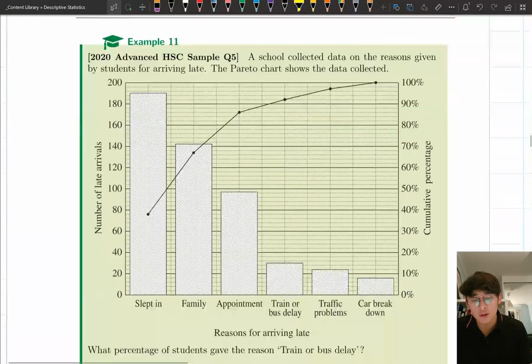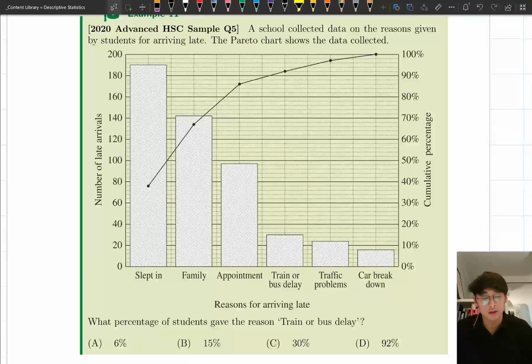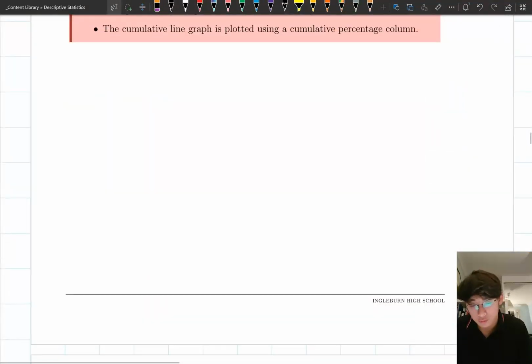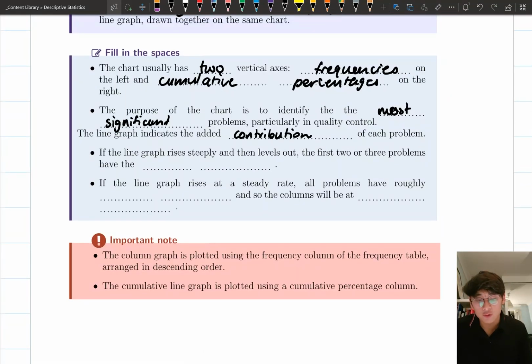And so this is why we have them in descending order, and they also include that cumulative percentage line graph as well. If the line graph rises steeply and levels out, the first 2 or 3 problems have the most impact.